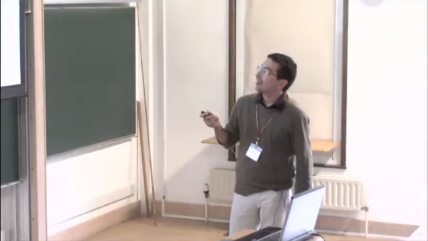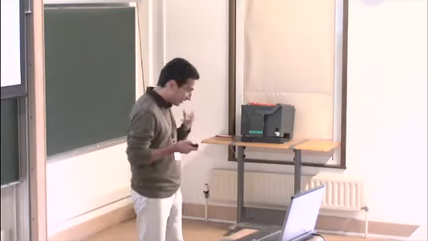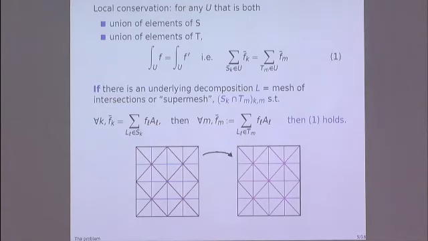Okay. So there is an inherently conservative technique to do conservative remapping. It is that there exists an underlying decomposition of both meshes, which can be constructed as the mesh of all intersections of the first and the second mesh, here the red mesh and the blue mesh. So you take all the intersections and you get the mesh of intersections, usually called the super mesh.